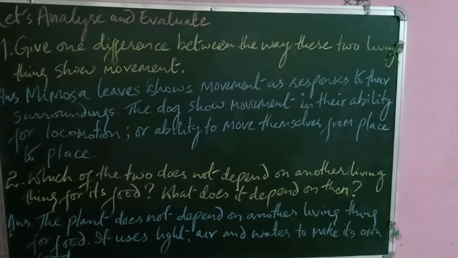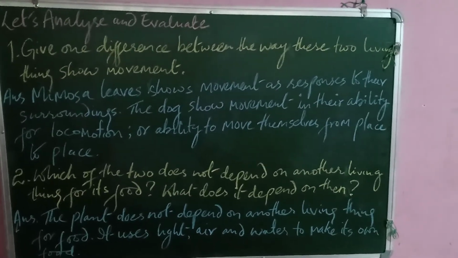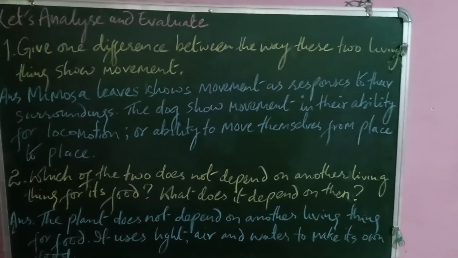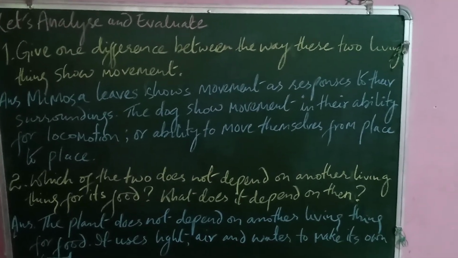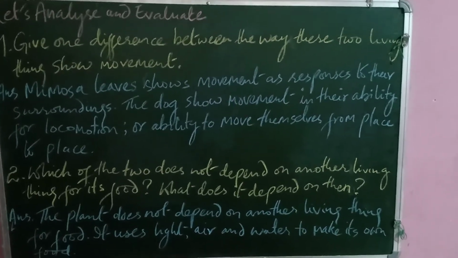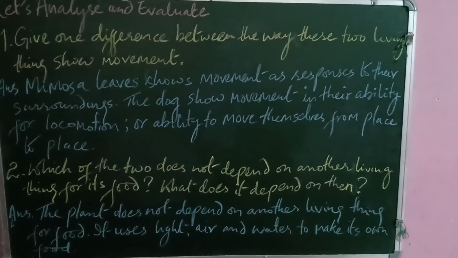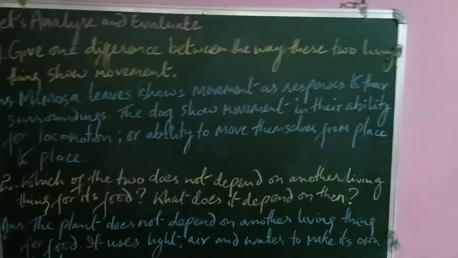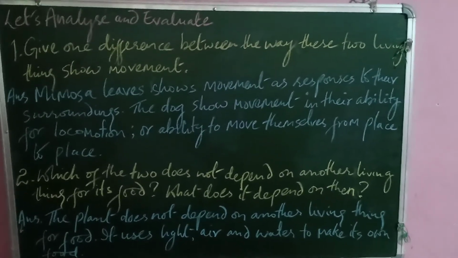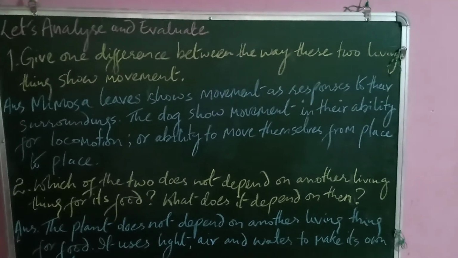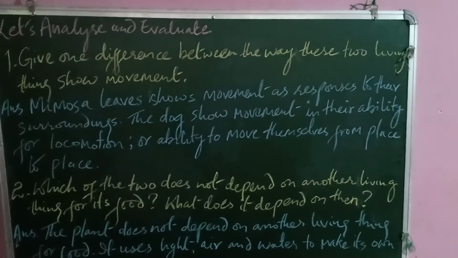Moving on. Next we have Let's Analyze and Evaluate questions. The first question is, give one difference between the way these two living things show movement. In the picture there is a plant and there is a picture of a dog. We have to differentiate the way these living things show movement.